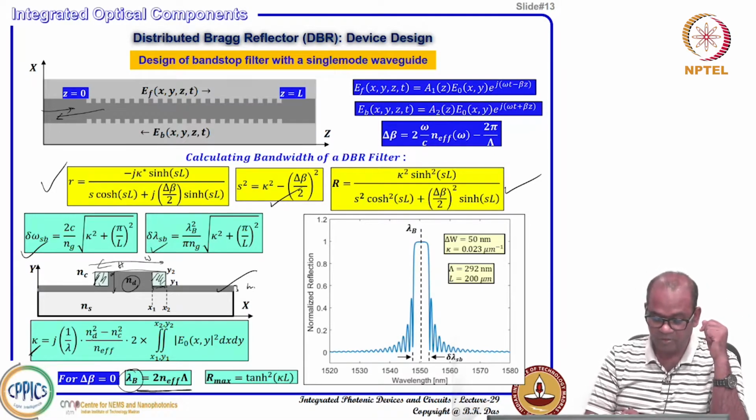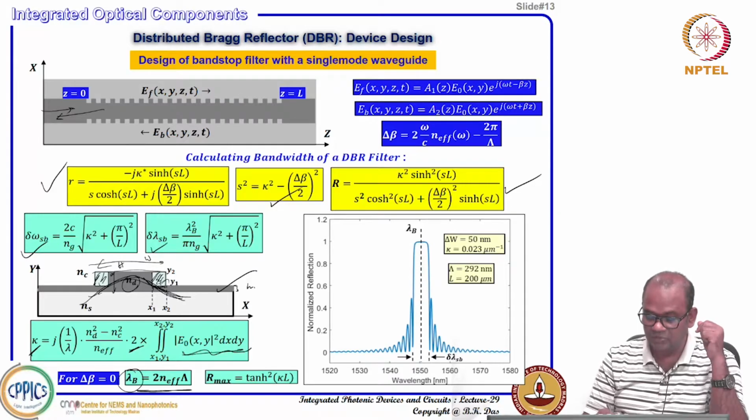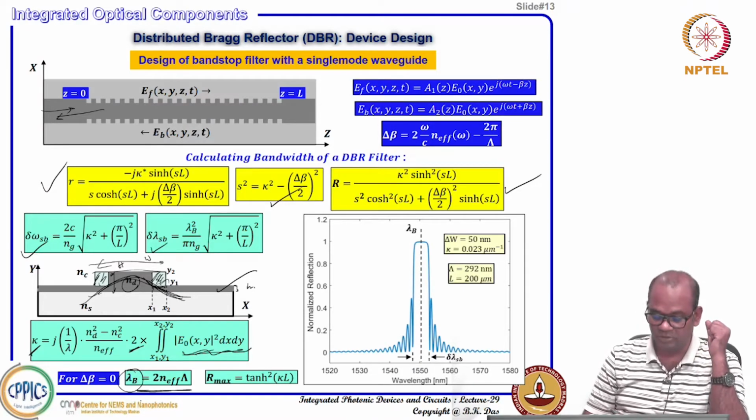So in that case kappa will be (n_d square minus n_c square) by n effective, 2 times the overlap integral in this region. You have to see how much field strength, suppose you have a field like this, covers the perturbed region.